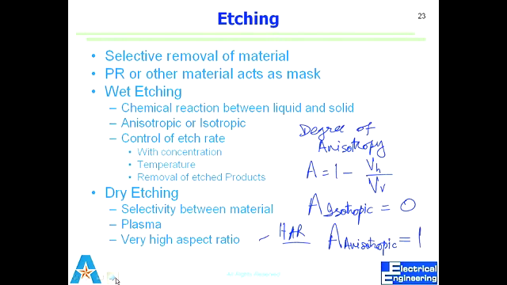And there's this figure of merit we call degree of anisotropy, which is the horizontal depth divided by vertical depth. If it's completely anisotropic, we should have 0 for this, and we get a high aspect ratio feature.